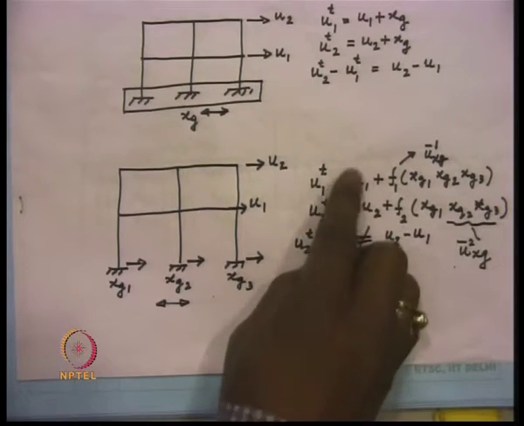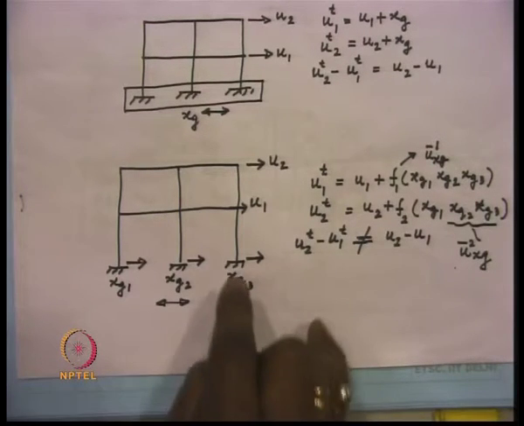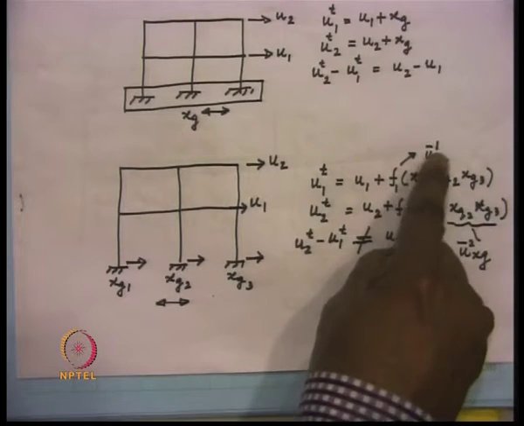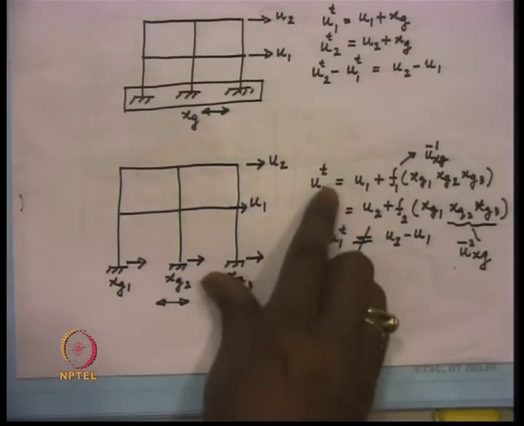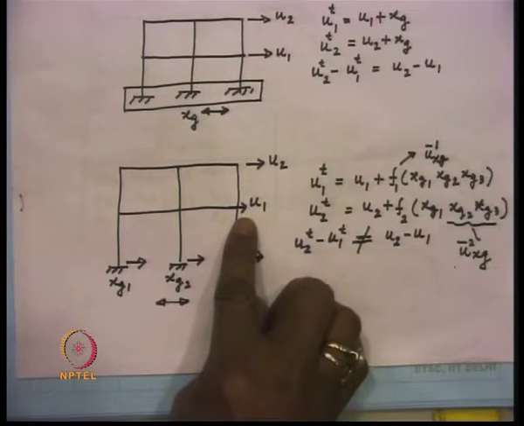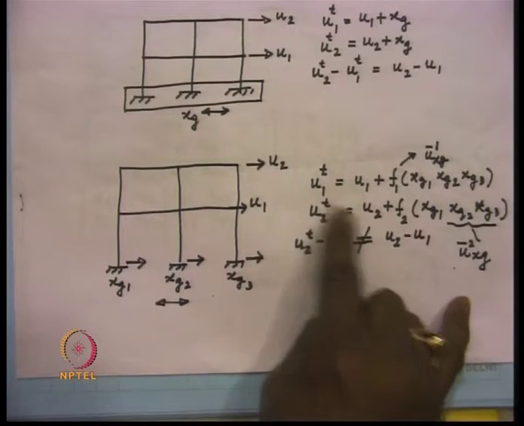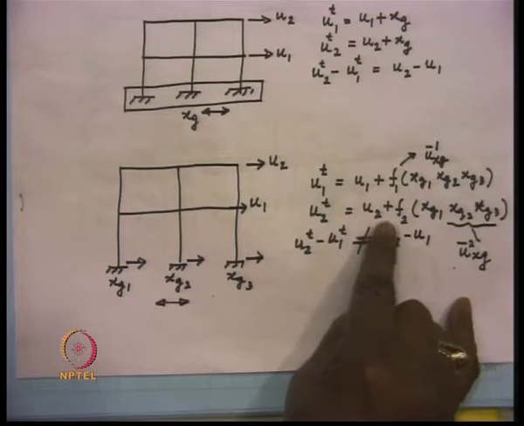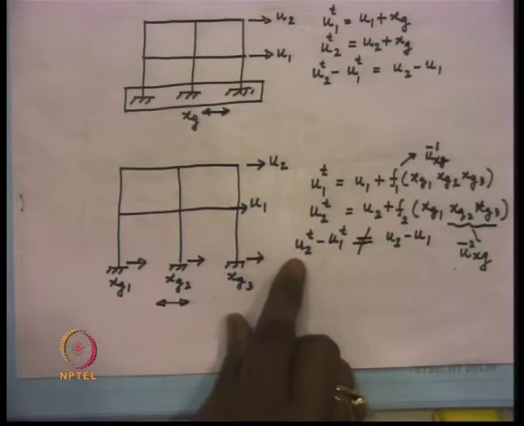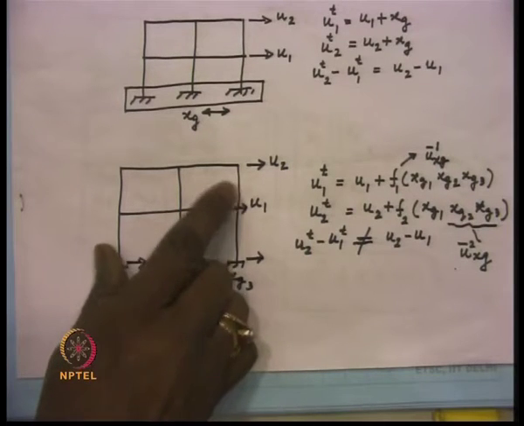The relative displacement u1, which is caused due to the inertia action with respect to the support, when we add it to u bar 1 xg, gives u1 t, that is the total displacement at this point. Similarly, for this point we get the total displacement as u2 plus u bar 2 xg.